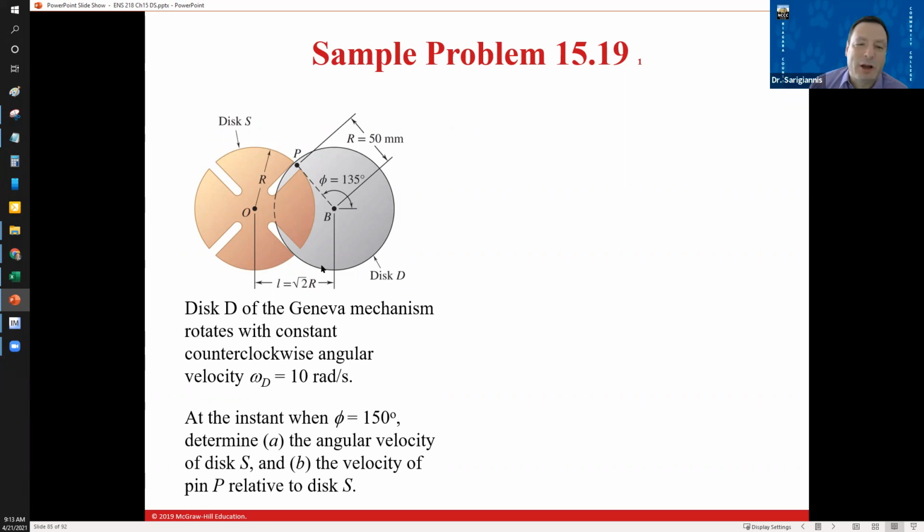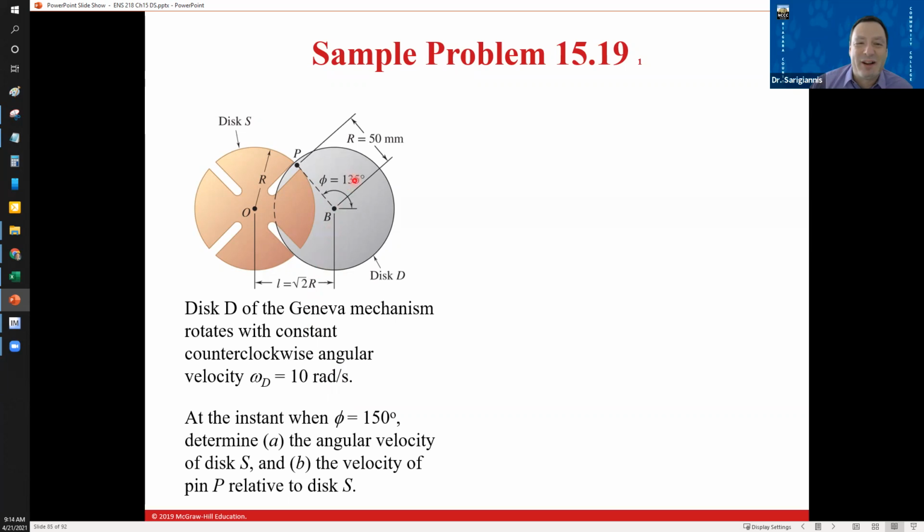Okay, so it has a disk D here rotating with counterclockwise angular velocity. Omega D is 10 radians per second. So this way, which makes sense, right? It could go the other way too. This is going into the slot at this instant here, at the instant when phi is 150 degrees.